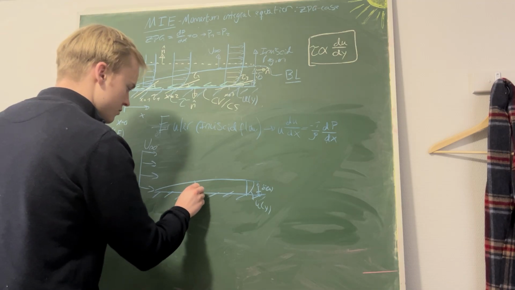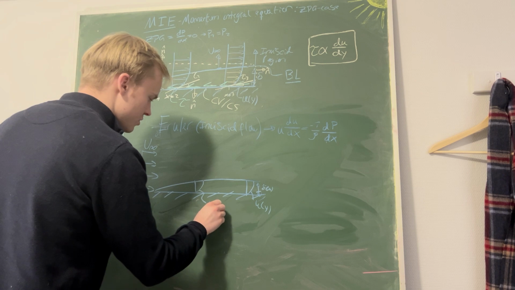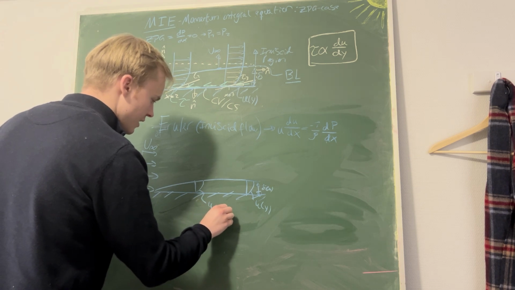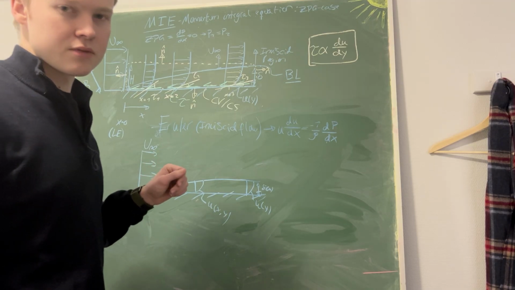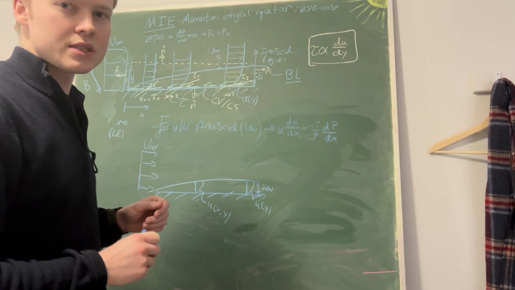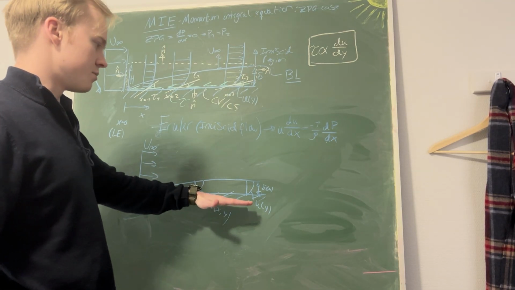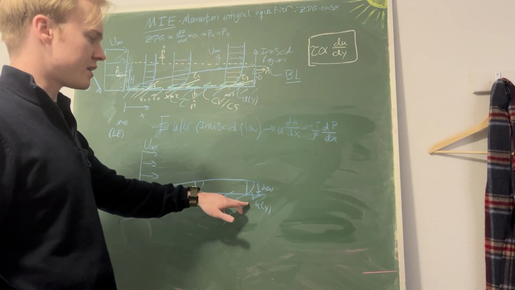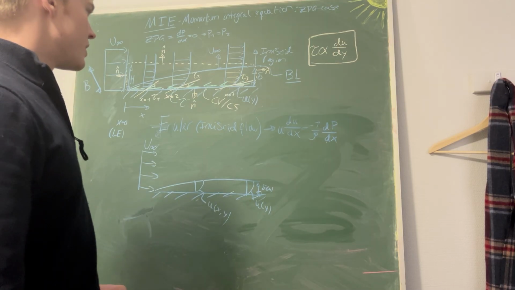Along this, which I maybe also forgot to say, is that u is a function of both x and y. That is why in the accelerative term, we said that du dx is not zero, because it is under development. At some given length, it's going to be fully developed, and then it's only a function of y. But that was not the point here.